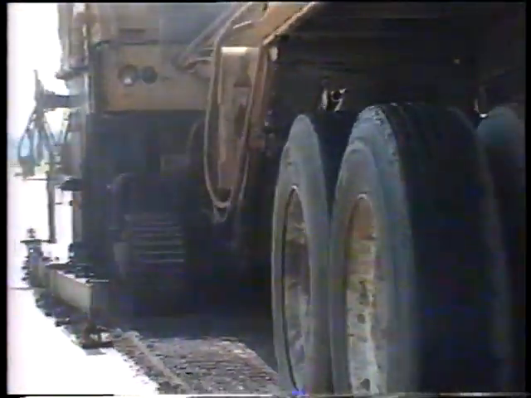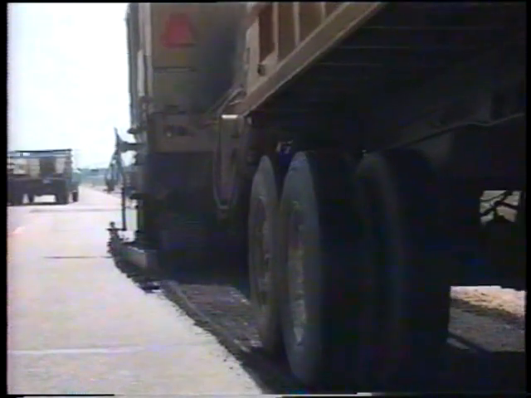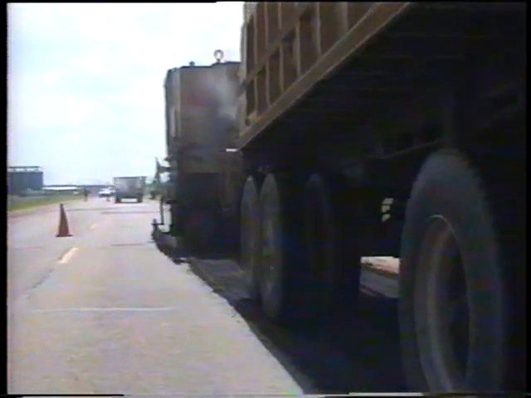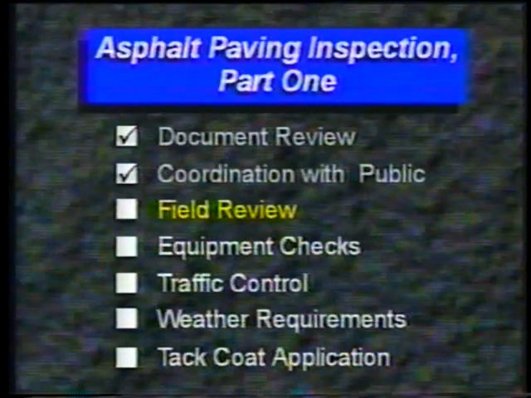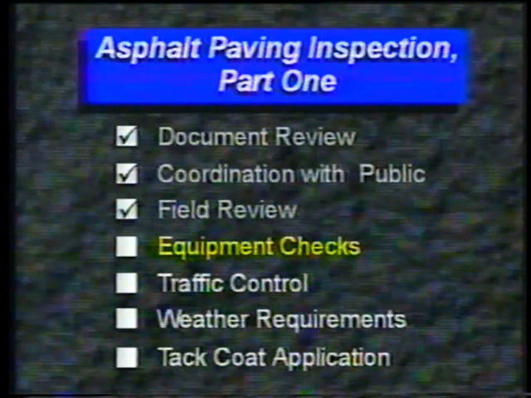In addition, make sure that the contractor takes appropriate measures to control dust and to maintain proper drainage from the pavement. Once the surface is properly prepared, your next preliminary responsibility is to check the paving equipment.